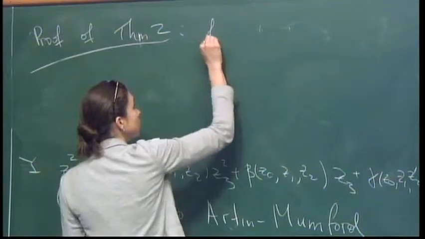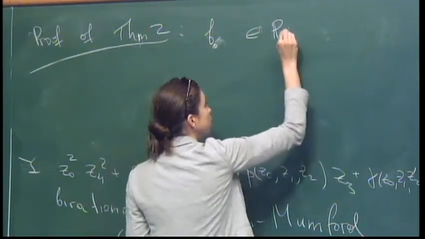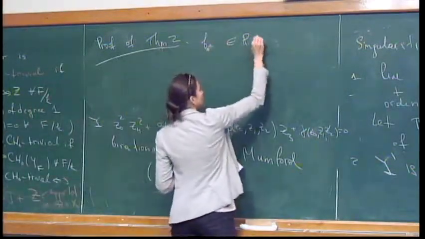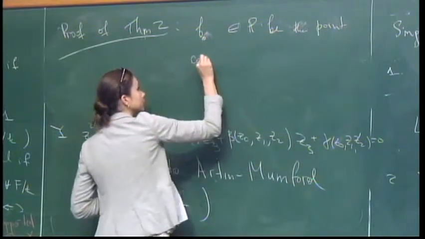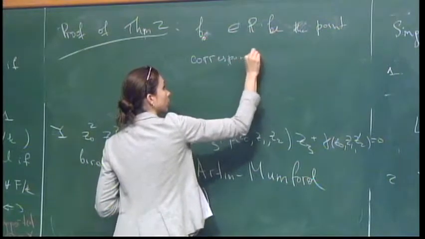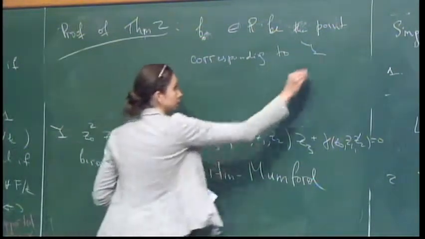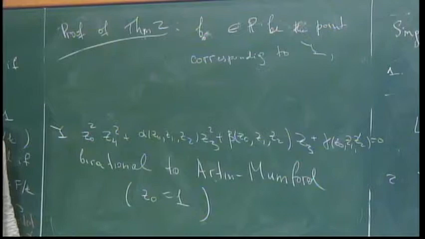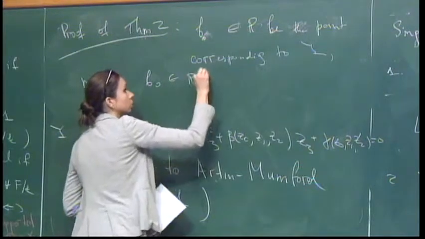So let me, for pedagogical reasons, call B0 the point of P corresponding to this Y. Y is a quartic, so it gives you some point of the parameterizing space. So remember, this projective space parameterizes the coefficients of quartics. And actually, by the description I gave you of the example of Artin-Mumford, you just had to choose some conic, some elliptic curves, etc. So this is actually defined over Q bar. So note that B0 is defined over Q bar.